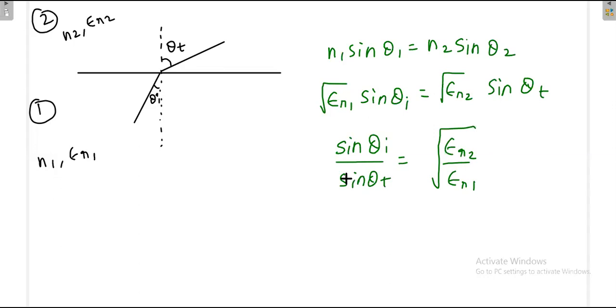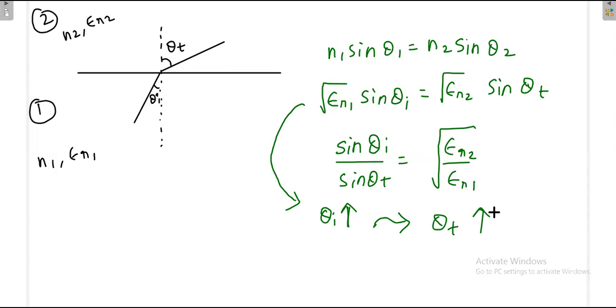So, see what is actually happening from this formula. Once you fix the relative permittivity of the media, say epsilon r1 is constant and epsilon r2 is constant, then it's very clear that if you increase the angle of incidence, theta t will increase.